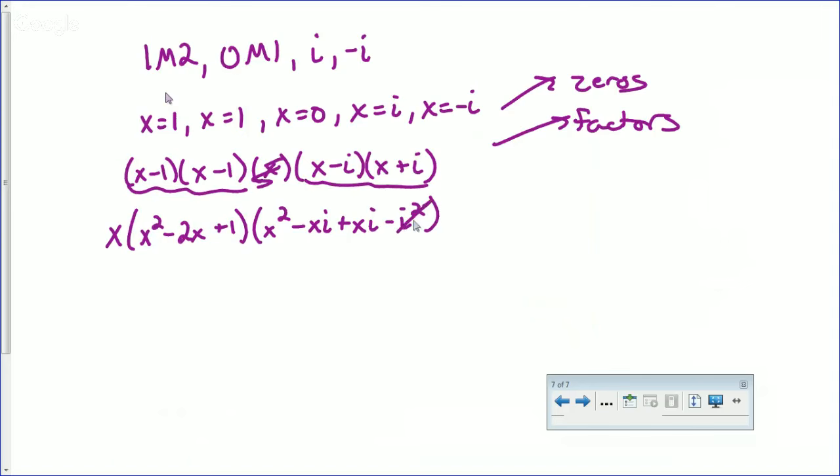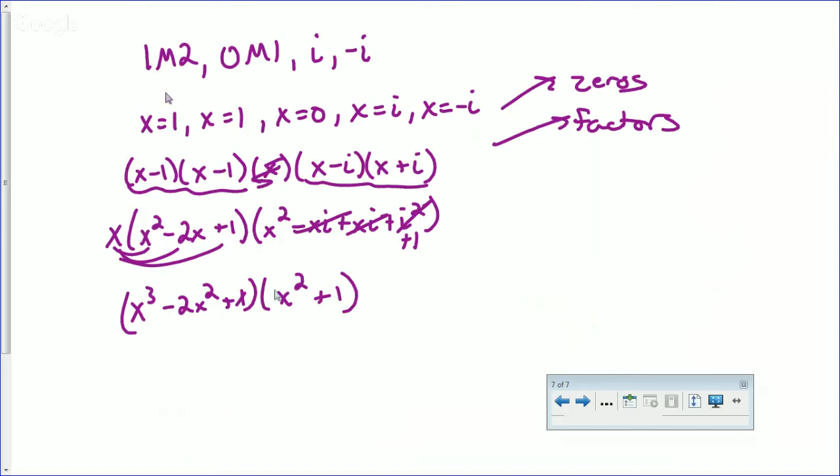Well, i squared is negative 1, but it's minus a negative 1, so that's a plus 1, and that cancels and that cancels. So distribute that x in there: x to the third minus 2x squared plus x. And then you have x squared plus 1.